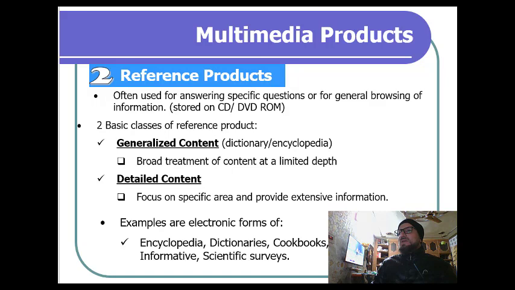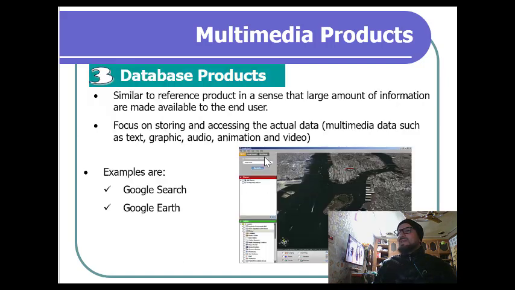Then there are reference products, which we store on CD or DVD, some which answer questions, some manuals maybe of certain products. Like generalized contents, like dictionaries and encyclopedias. We had detailed contents focused on specific areas that provide extensive information about certain things. Like encyclopedias, dictionaries, cookbooks, historical, informative, scientific surveys, they come on CDs and DVDs as a reference.